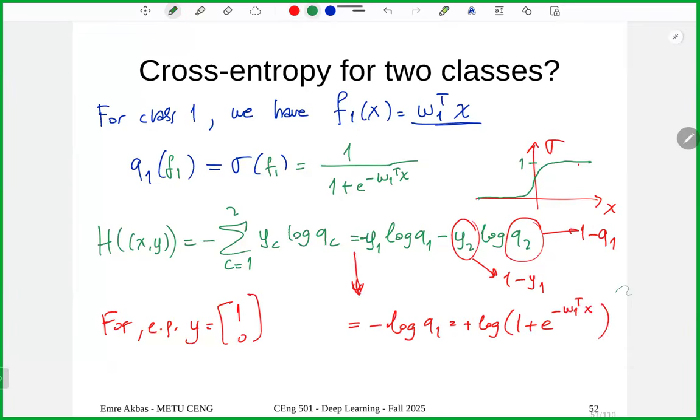And I'd like to bring your attention to this expression. It is the logistic loss or log loss that we have seen in the last slide of the previous lecture. So cross entropy for two classes is equivalent to the logistic loss. Okay.